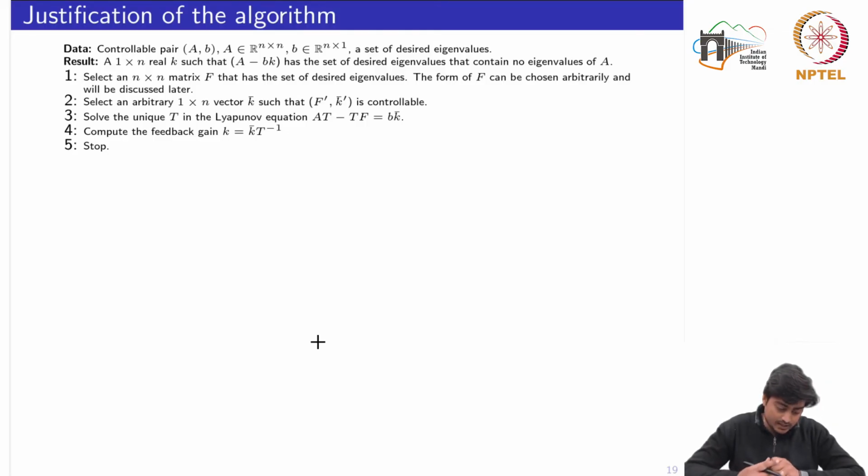Here we will see the justification of all these 4 steps, so that we can ensure that once we plug in this state feedback vector k, we obtain the closed loop as this one, which contains all the set of desired eigenvalues and contains no eigenvalues of A.